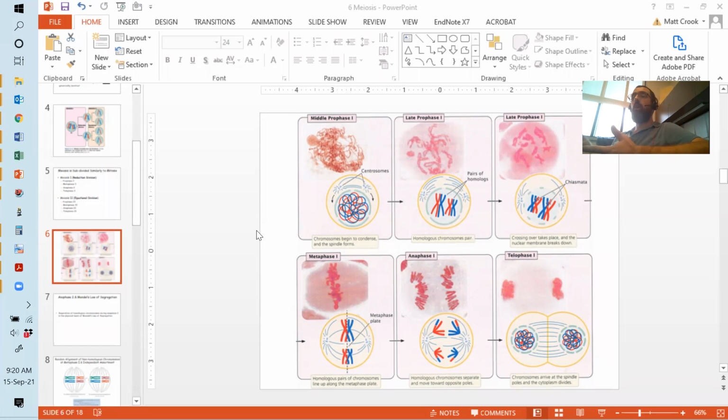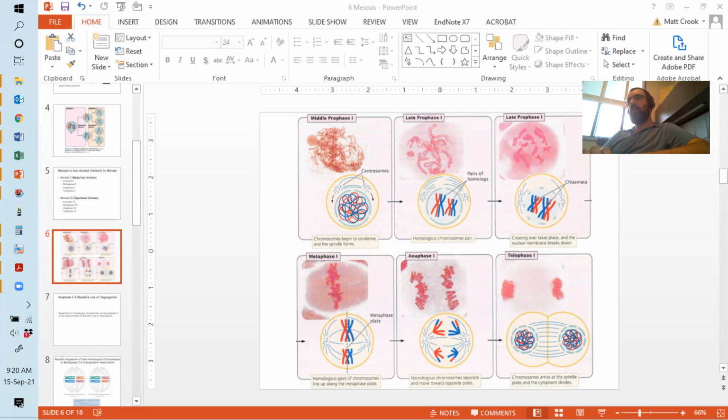And so by the end of prophase 1, you have condensed homologous chromosomes that are held together by chiasmata.